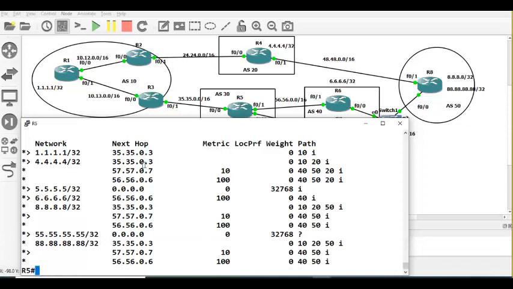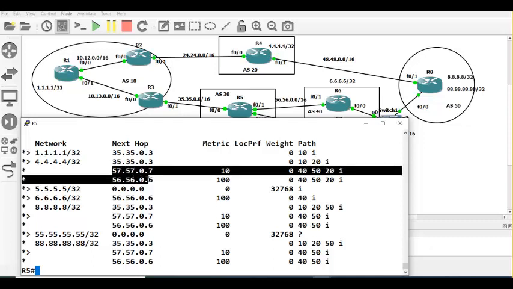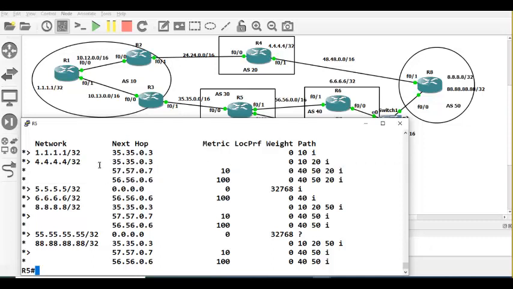Router 5 says 44444. I find router 3 has got the best path, not 7 and 6. So why should I advertise about 44444 to router 3, who is already having the best?